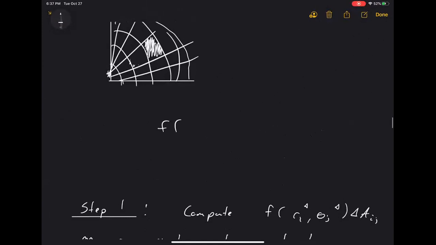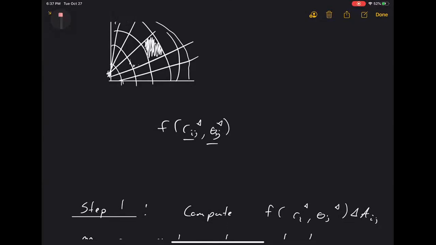Well, my function of my polar coordinates is still going to give me, let's say this point in polar coordinates is in my polar rectangle, then my function at this point is still going to give me the height of my object.